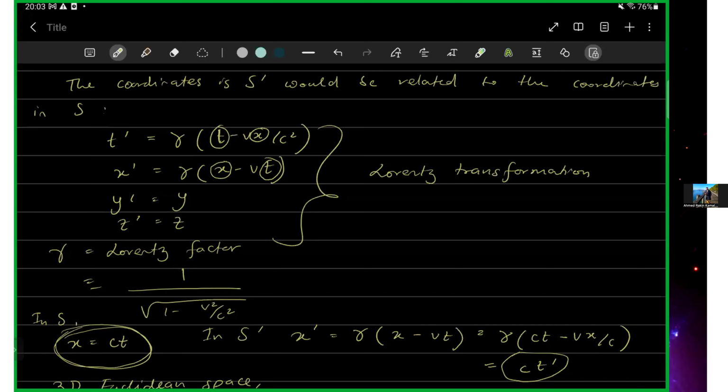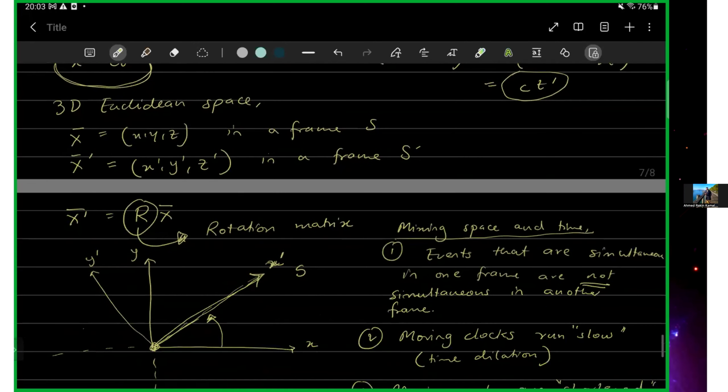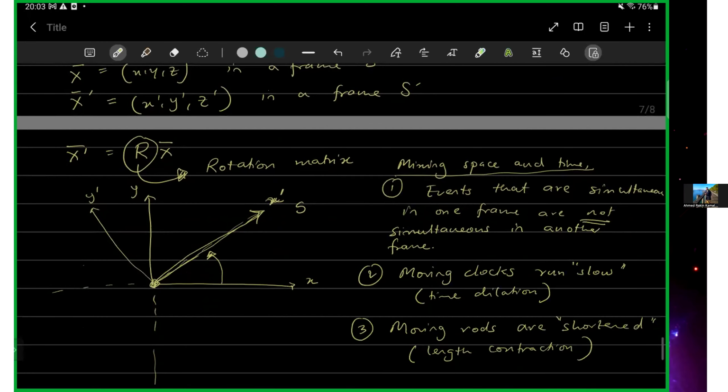However, through Lorentz transformation, I see that if I transform X to X prime, I not only need X, but I also need T. That means I'm mixing the components, mixing T and X, right? So that only happens if you have a rotation, okay? And via that, you can think of it as mixing space and time when you have a Lorentz transformation.